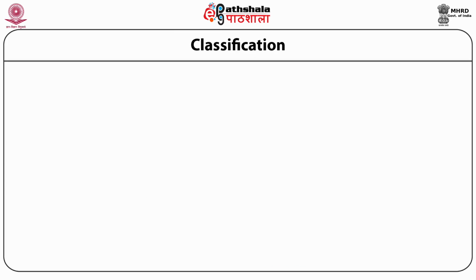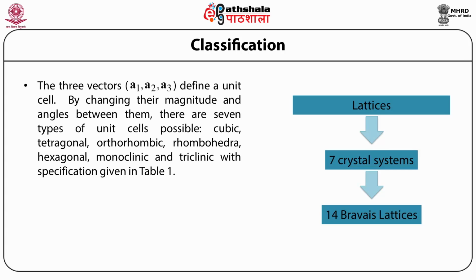The classification of unit cells. By changing the magnitude of the three vectors, that is A1, A2 and A3, and the angles between them, there are 7 types of unit cells, or we can say 7 crystal systems, that is cubic, tetragonal, orthorhombic, rhombohedral, hexagonal, monoclinic and triclinic.